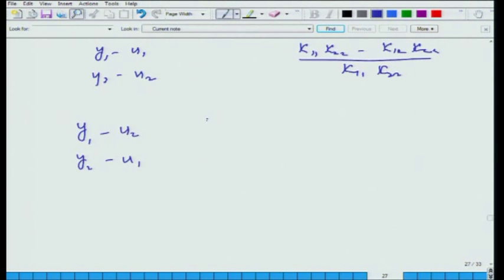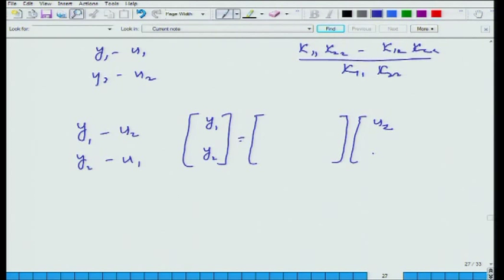In this case, you still write the same thing. However, now y1 is being controlled using u2. So y1 is being paired with u2, and u1 is trying to maintain y2.